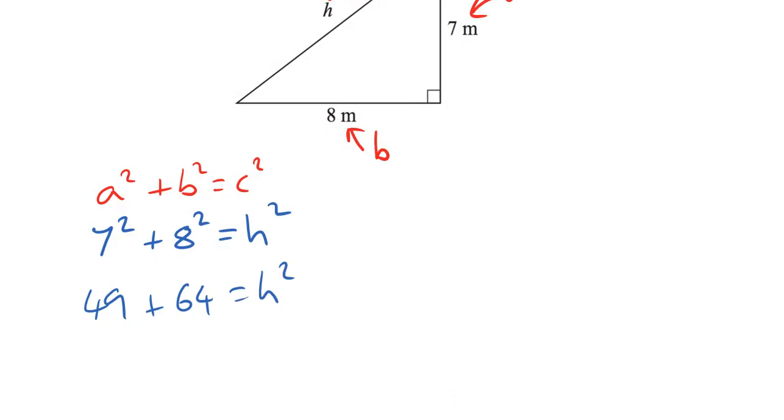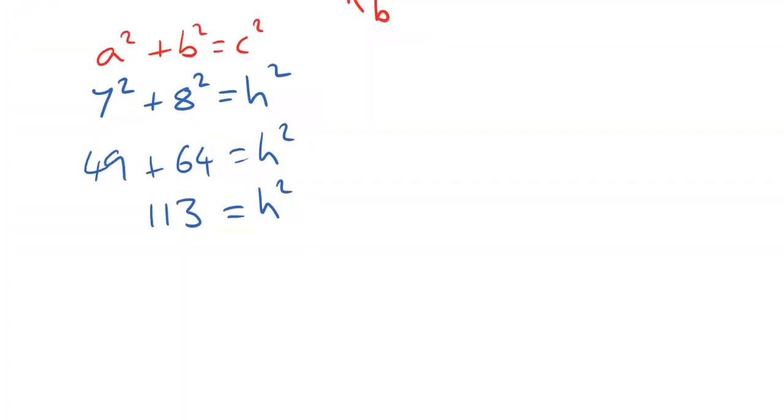So we can actually work those out. There they are. And then, of course, we can add them up. Well, 49 plus 64 is 113. So if I know that H squared is 113, I can square root that to find H.